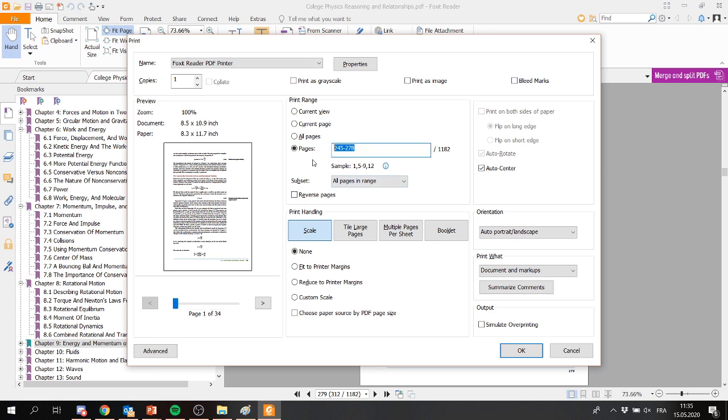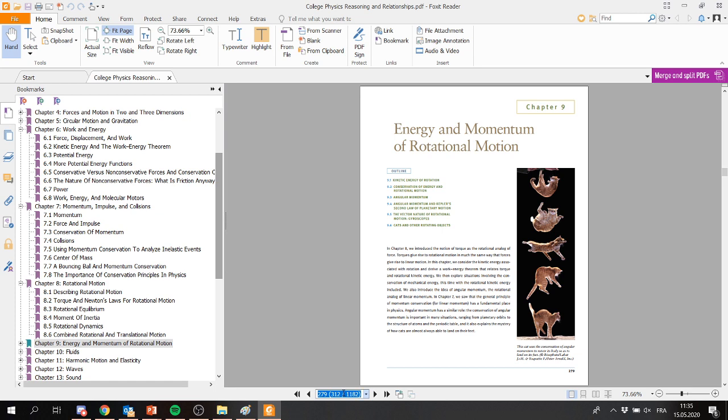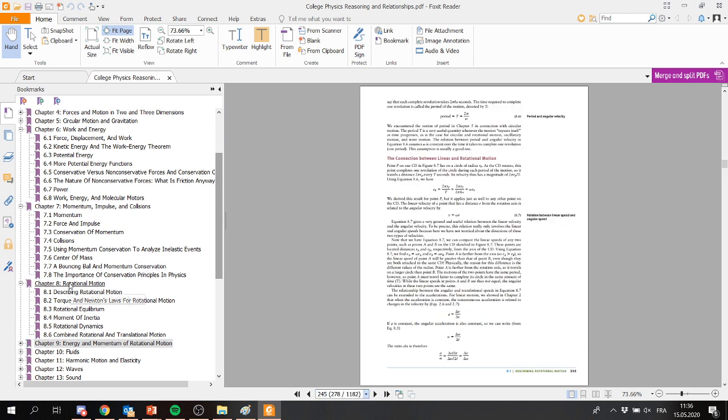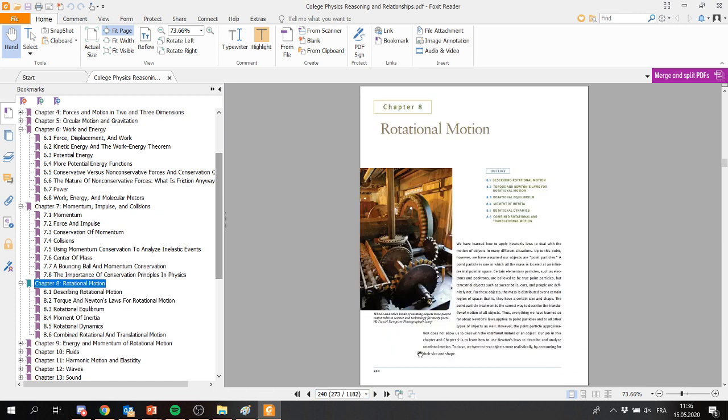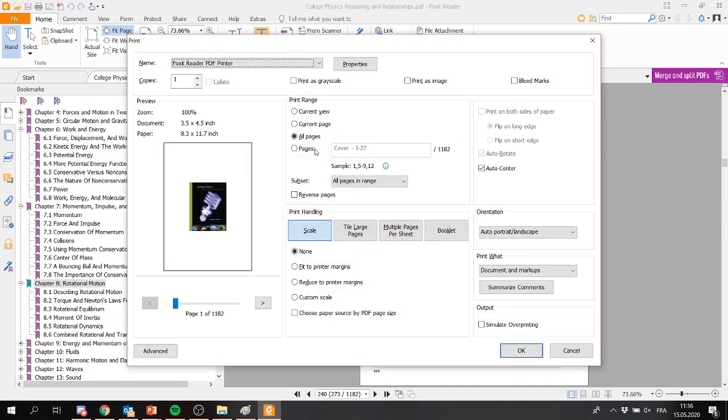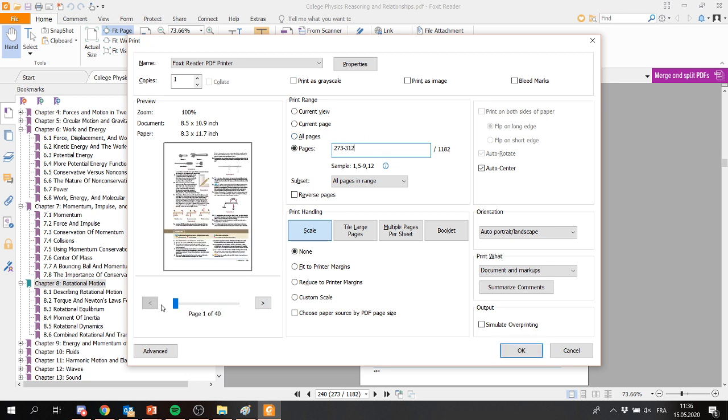No, 312. 312. Voilà. 245 cancel. Excuse me, 245. 312, 270, 312. Voilà.